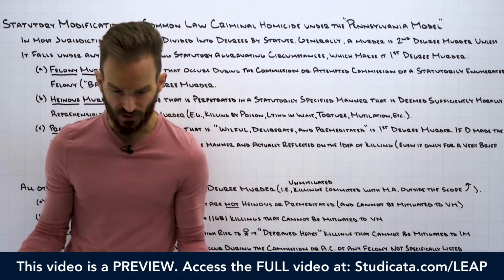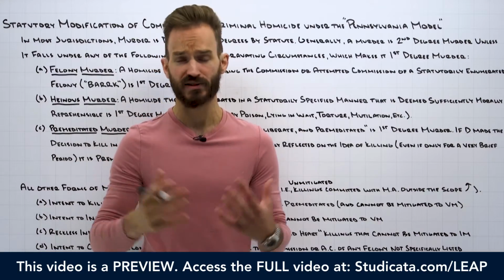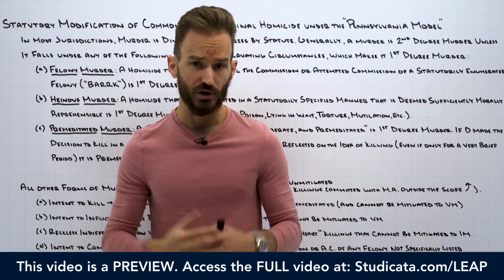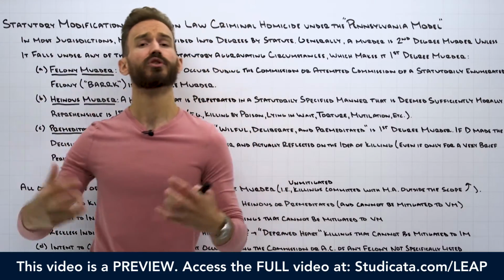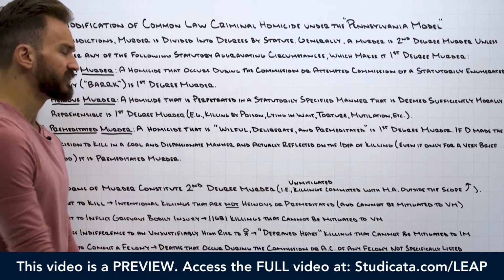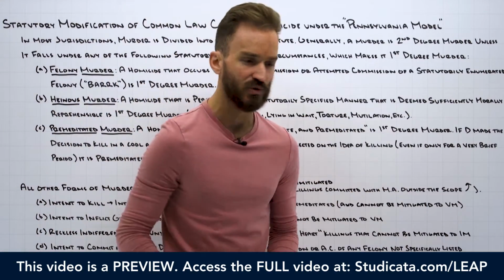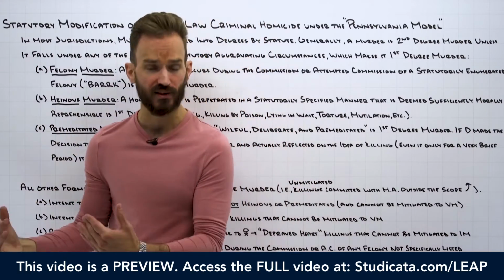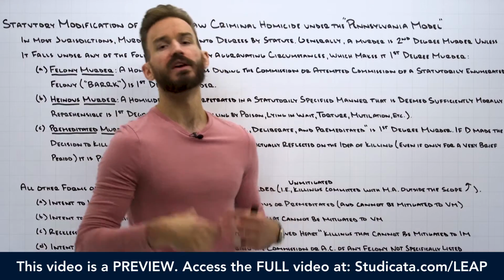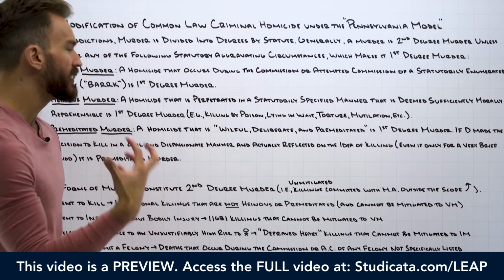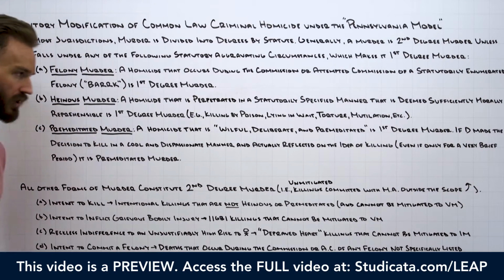For whatever reason, the Pennsylvania legislature decided that these were more serious ways to commit murder that justified stricter punishments. So if you killed somebody by poisoning them, or if you killed somebody by lying in wait, this would be like hiding in a person's house, waiting for them to get home and then killing them, ambushing them. The Pennsylvania state legislature viewed these as more heinous, more morally reprehensible types of murder, right?